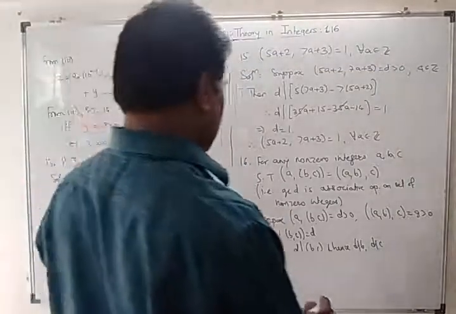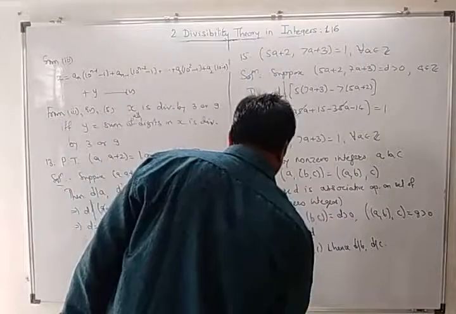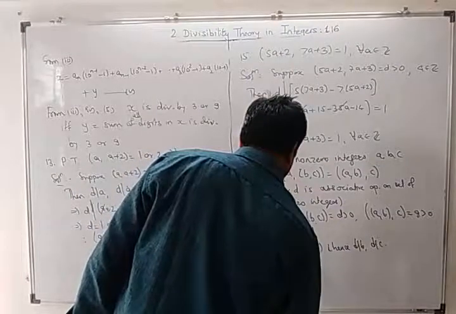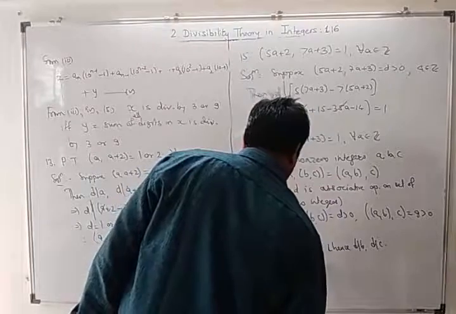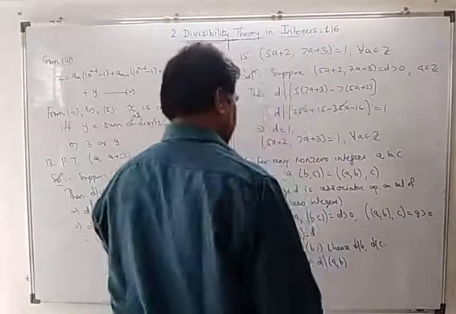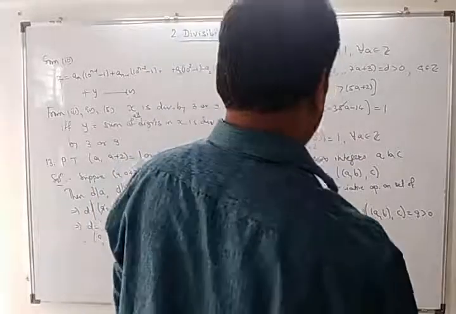So d is dividing a and b. Now since d divides a and d divides b, d must divide GCD of a, b.